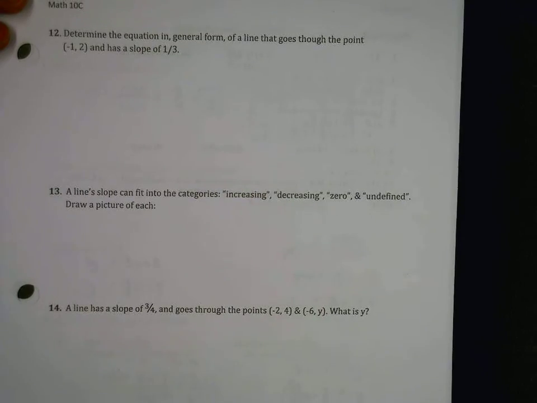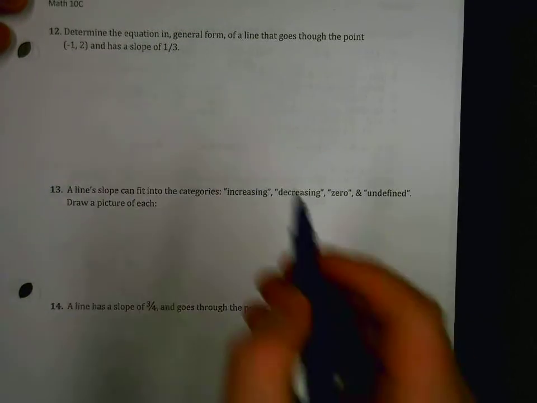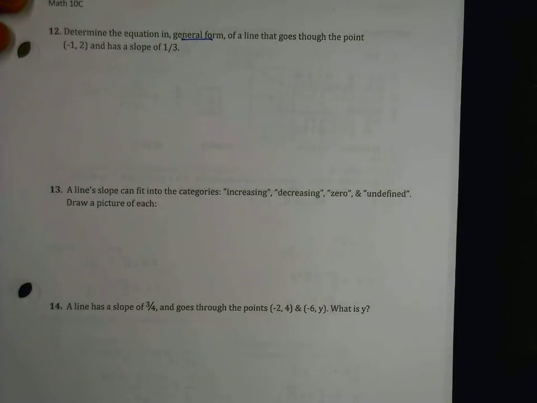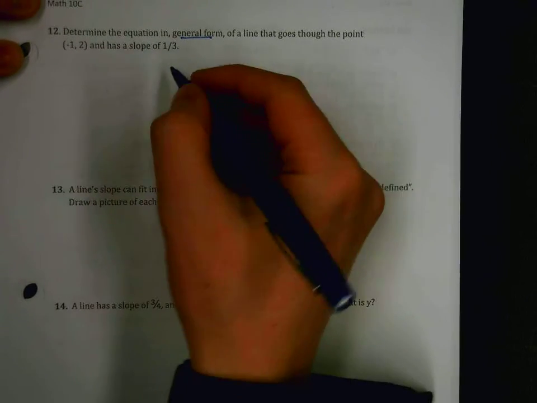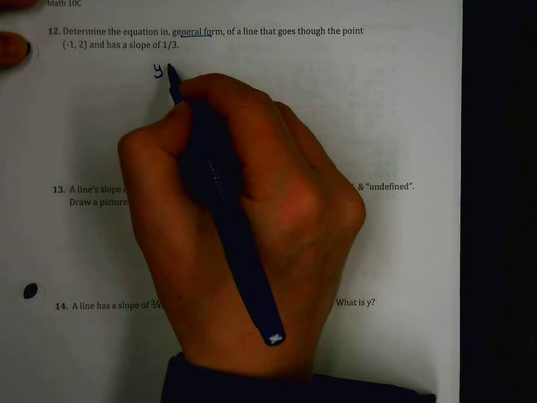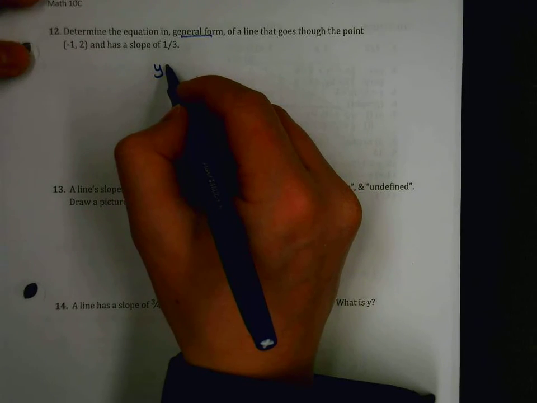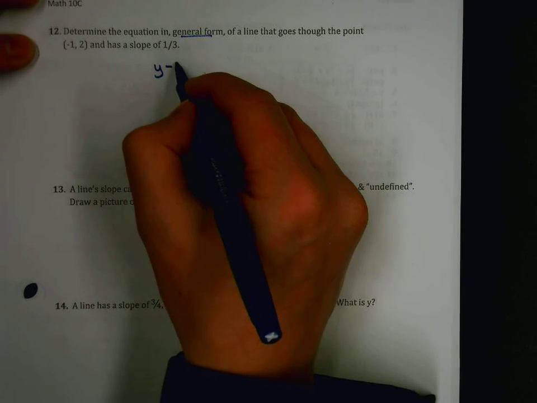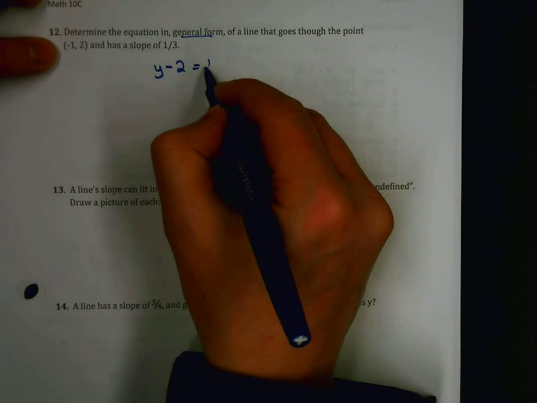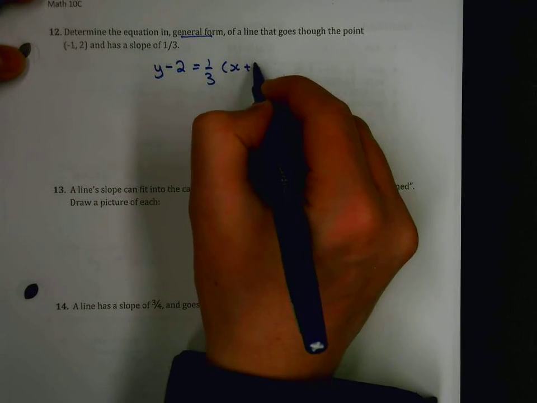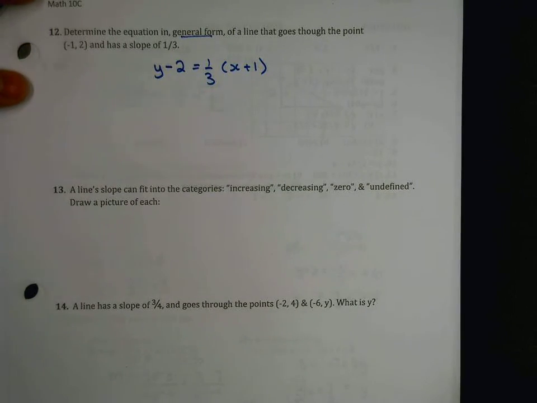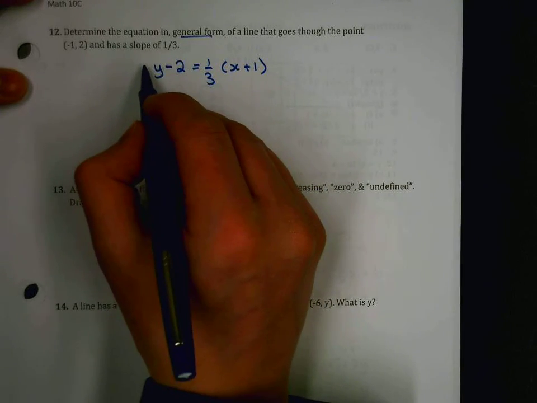For number 12, we have an equation in general form for a line that goes through a point with a slope. So a point and a slope, point-slope form. Because we've done a few of these, we'll set it up again a little bit quickly. y minus 2 equals slope times (x plus 1). And again, needing general form, we need to get rid of all fractions and decimals.